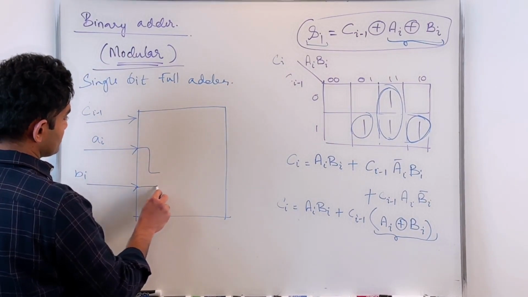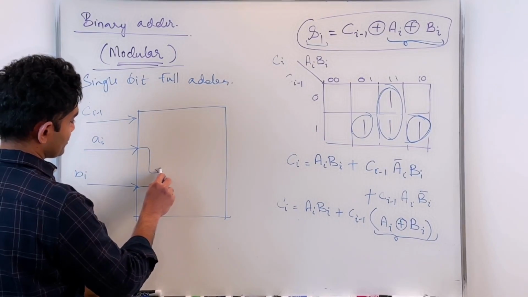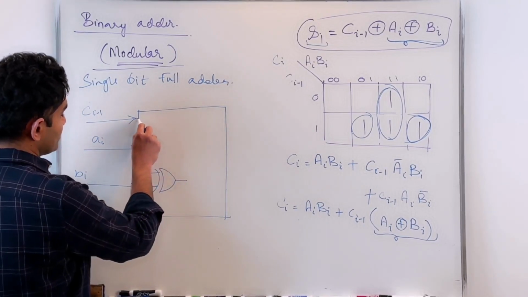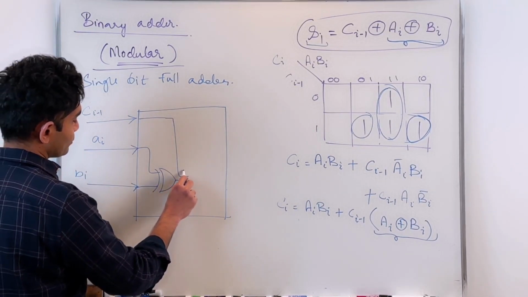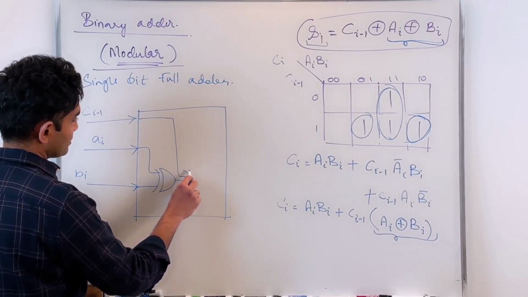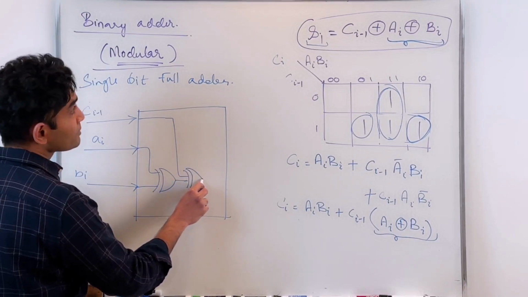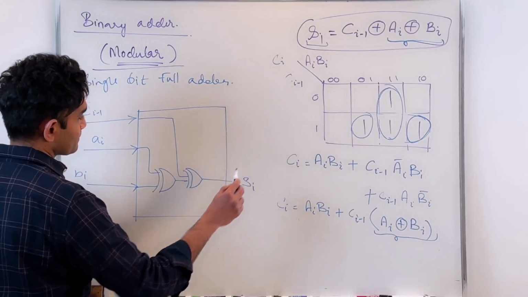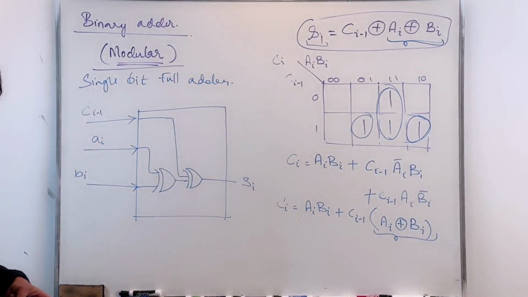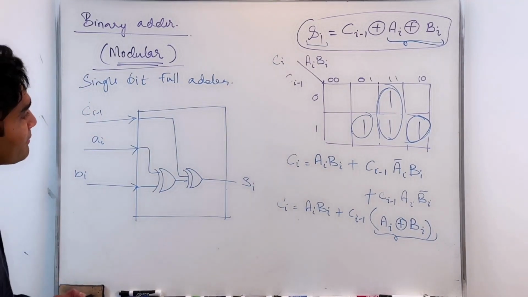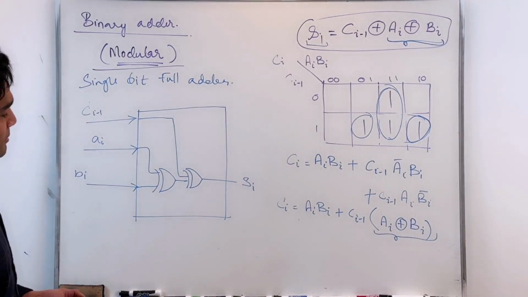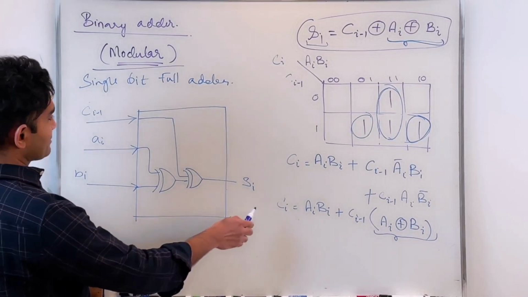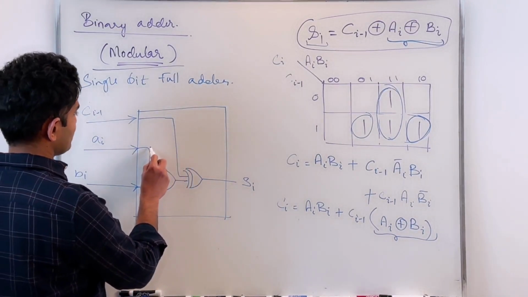So that's Ai exclusive OR Bi, exclusive OR with Ci minus 1. That gives me my Si. All right, and then I have Ci as Ai Bi.